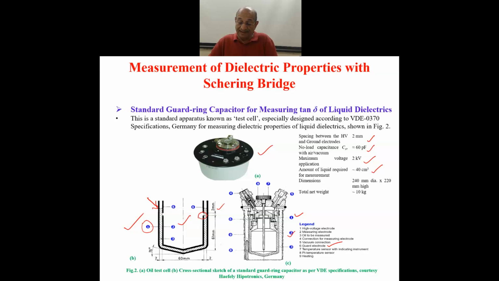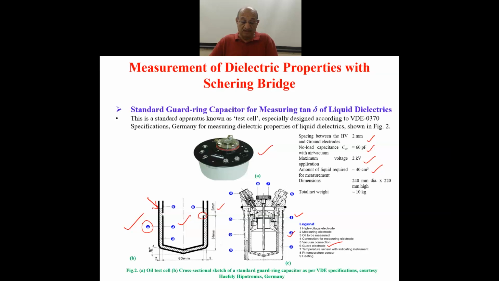So the diameter is 240 millimeter. That means the diameter of the electrode forming the capacitance is 24 centimeters. It's this big here, and the height is 22 centimeters, and the total weight is 10 kg.